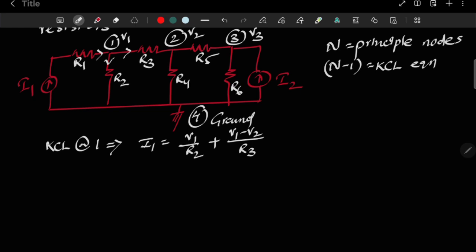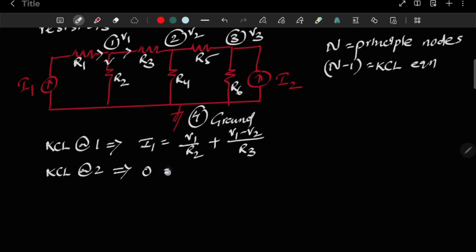Similarly, we will take KCL at node 2. If you observe node 2, we don't have any direct connection between independent current sources and node 2. So all the currents we can take as leaving node 2.